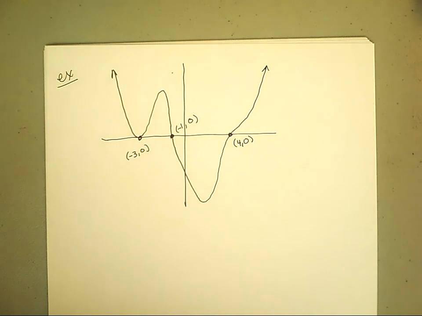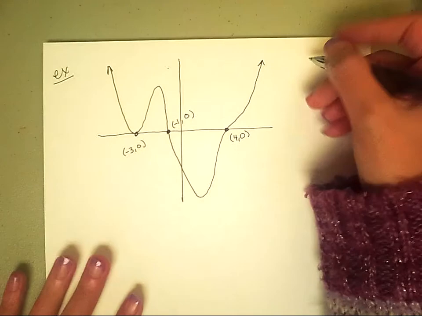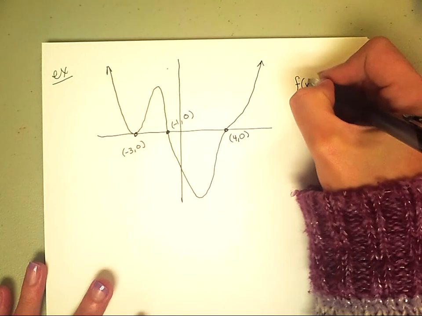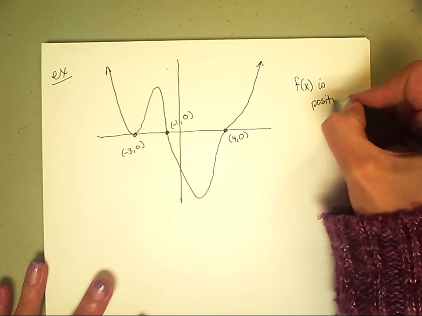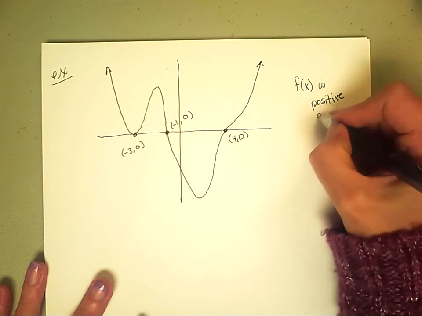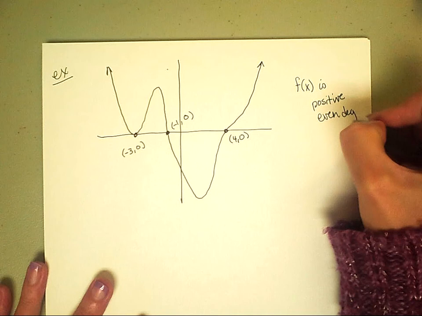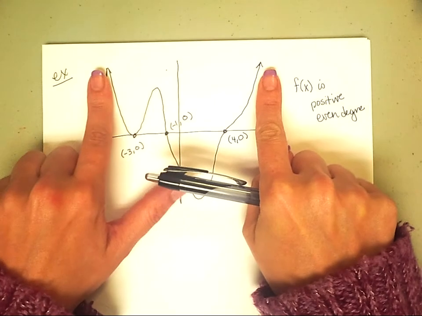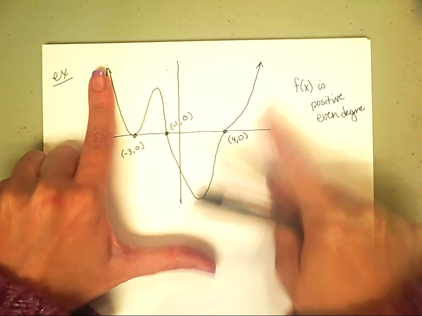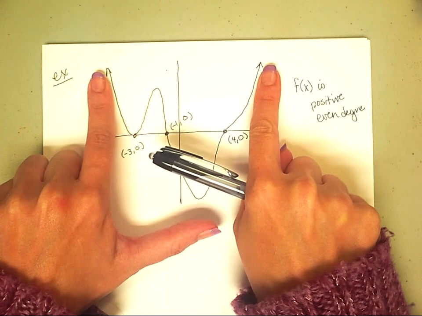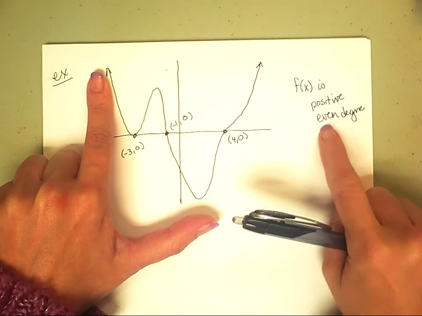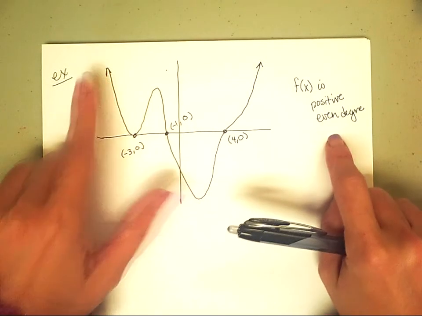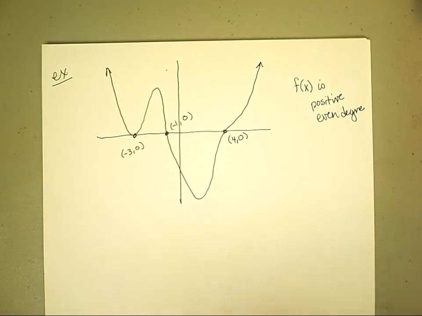Now, I can't say exactly what degree this function is, but I can classify it. F of x is a positive even degree. I can say that because I just look at the end behavior. I don't worry about what's happening in here. Just by the end behavior, it's taking off to infinity in both directions, so I know that there's a positive even degree to this.